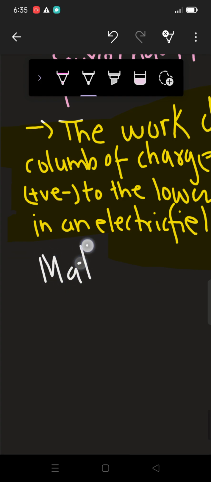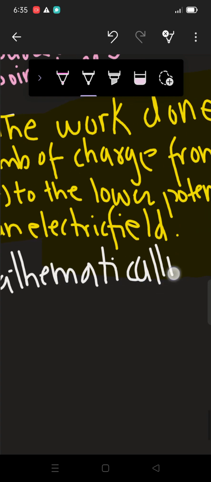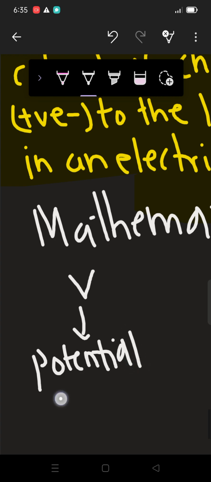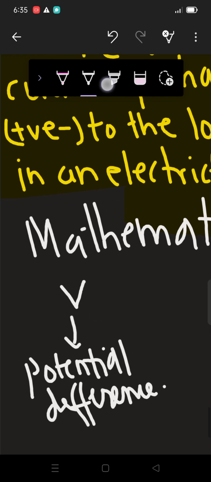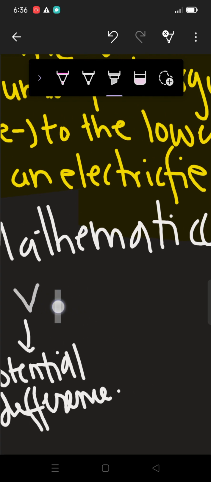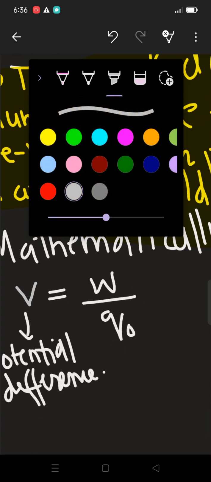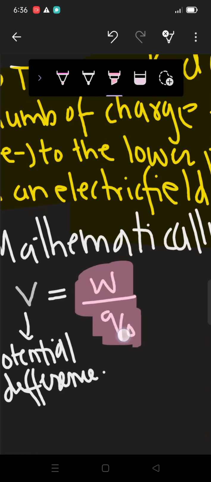So mathematically, as I initially told you, it is work done per unit charge, and potential difference is denoted by V. V is nothing but work done per unit charge.